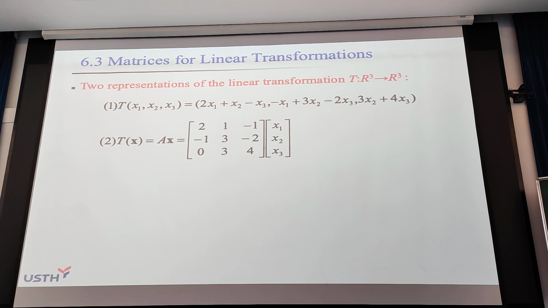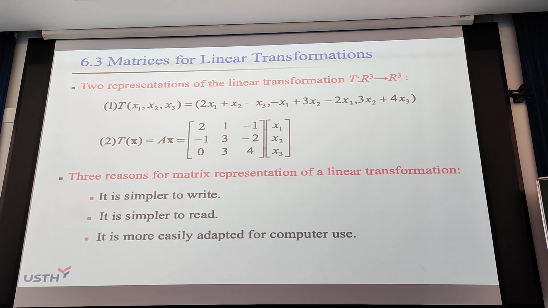So, we have 2 different ways to describe a linear transformation. So why do we need 2 different kinds? People prefer to use the matrix form of a linear transformation. Why is that? Because first it is simpler to write, because usually you need only to write that one.